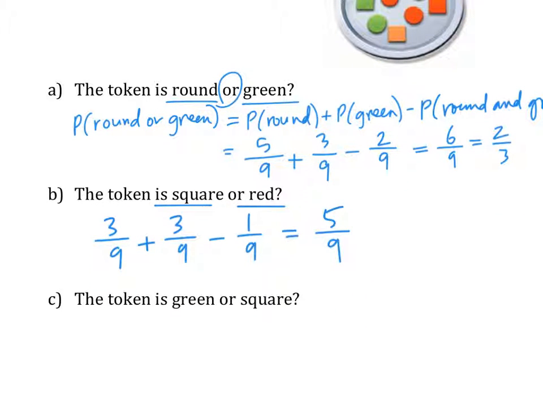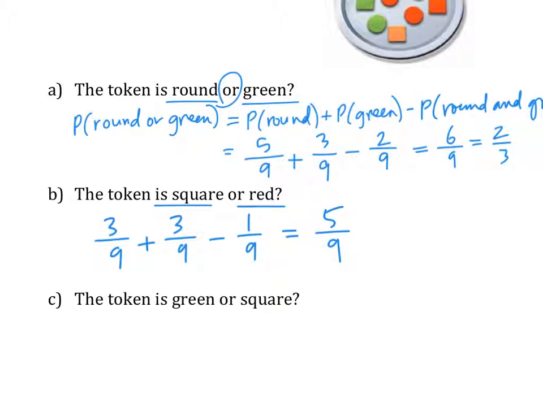Okay, last one, green or square. What's the probability of getting a green or a square?